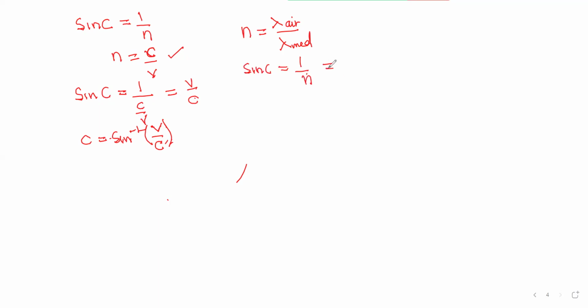If we substitute the refractive index into this formula, we have the critical angle being equal to 1 over lambda in air over lambda in the medium. Therefore, the critical angle will be the wavelength in the medium over the wavelength in air.